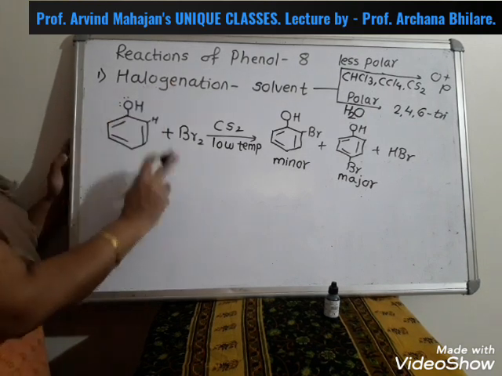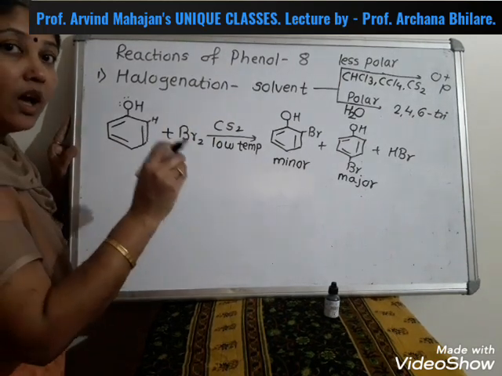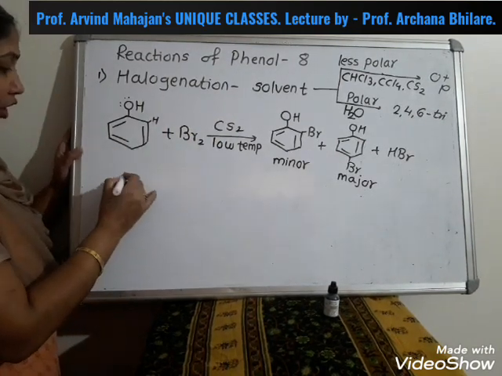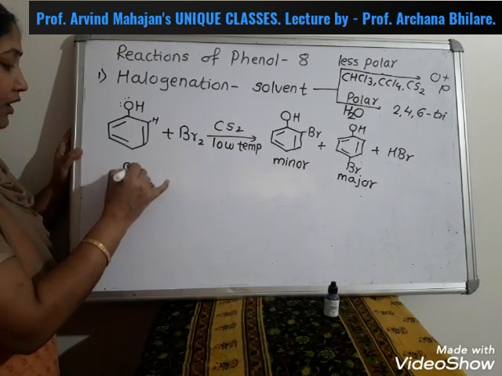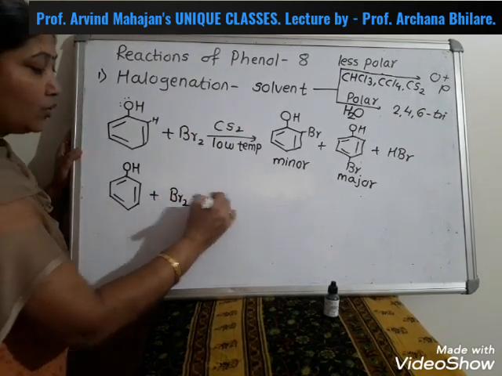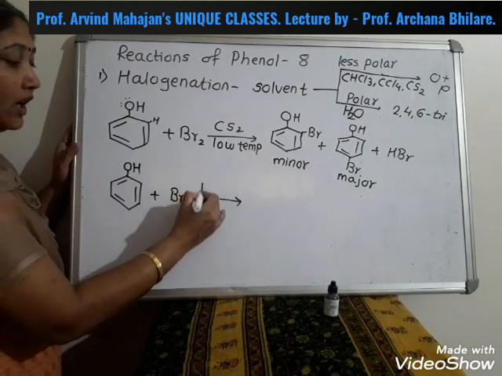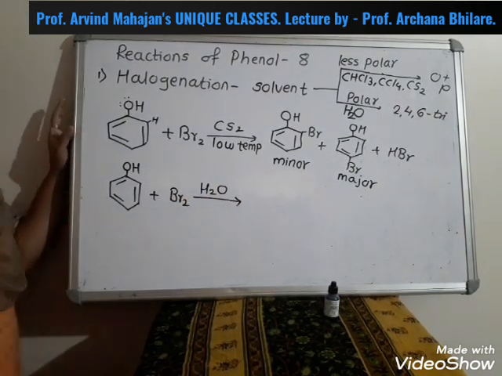Okay. Now what's the product? If we use polar solvent, see what happens. Suppose we have started with phenol and it is treated with Br2. Bromination we are doing in presence of water. Polar solvent is used.